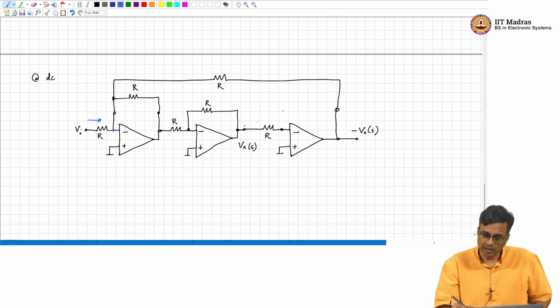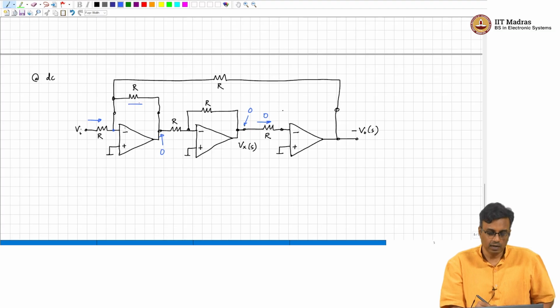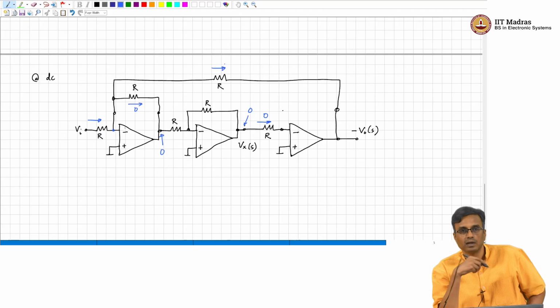Last op amp, what is the current flowing here? 0. If this current is 0, this voltage must be 0. If that voltage is 0, what is this voltage? 0. If this voltage is 0, what is this current? 0. That is why all the current flows through that resistor and not the other one.